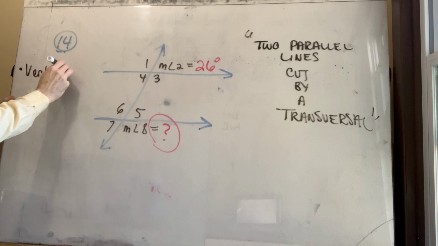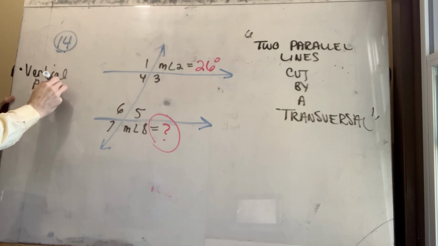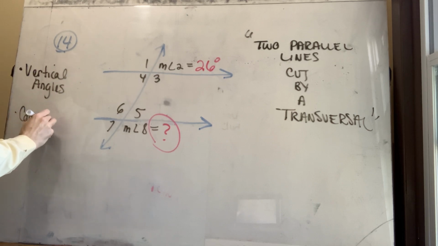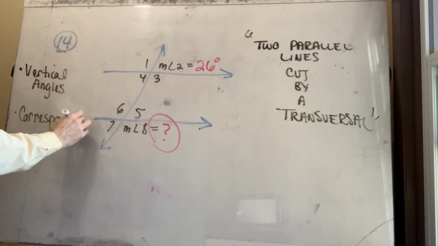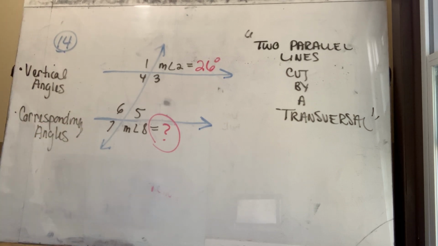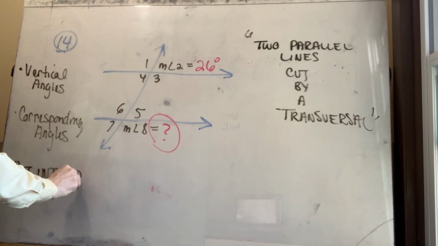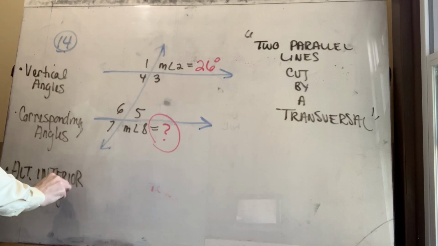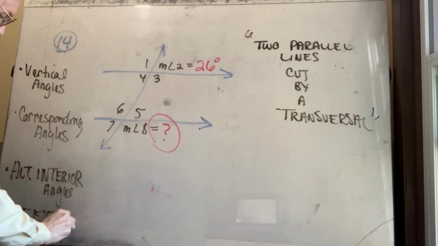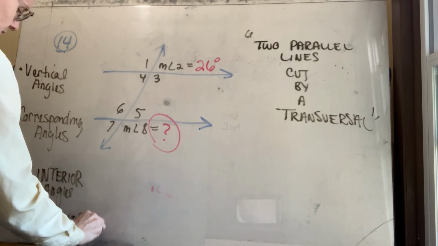vertical angles exist here. We have corresponding angles, alternate interior angles, and alternate exterior angles.